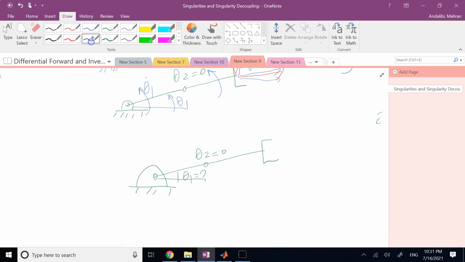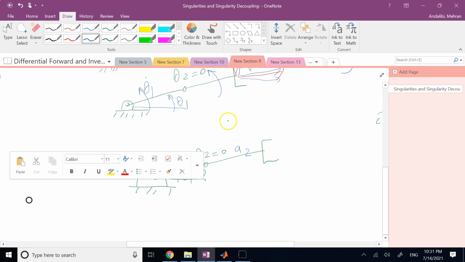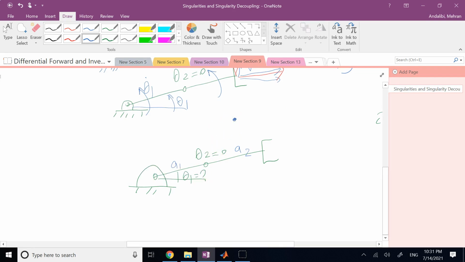And let's say this is A1, this is A2. If I say I wanted my end effector to be at this point, can you change your theta 1 and bring it here, but keep theta 2 at 0? Is that possible? The answer is no.